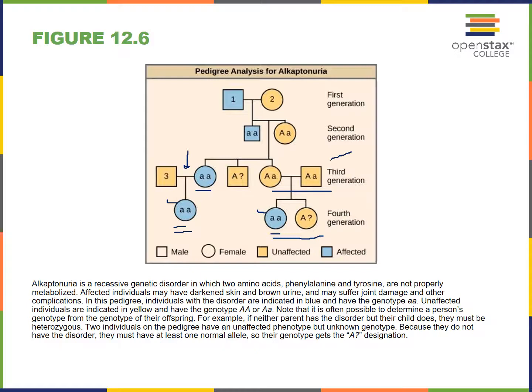Because you have this one instance where the parents did not have the trait, but one of the offspring did, that means that is autosomal recessive, because one child on this pedigree had parents that did not have the trait. So they were not affected.